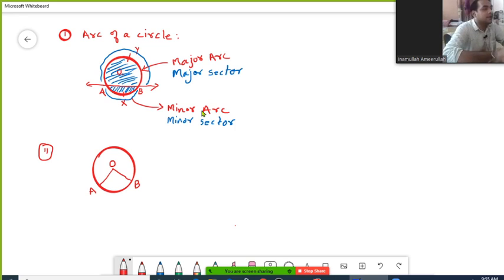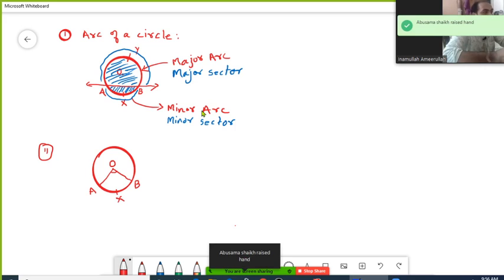So this angle is called central angle. This central angle is same as arc AXB. So the measure of arc AXB should be same as angle AOB.